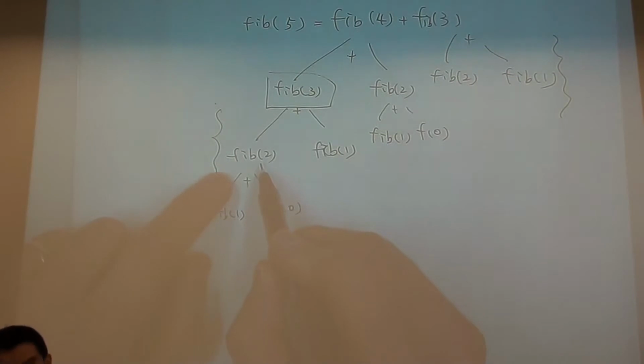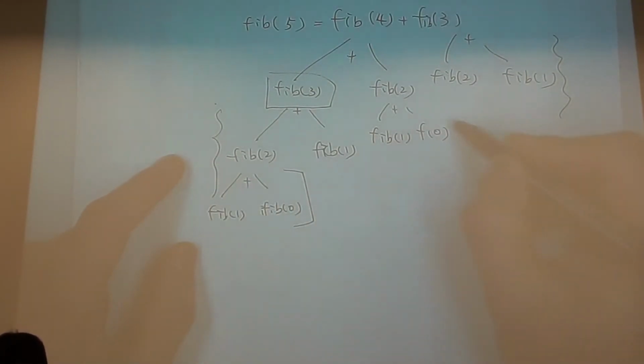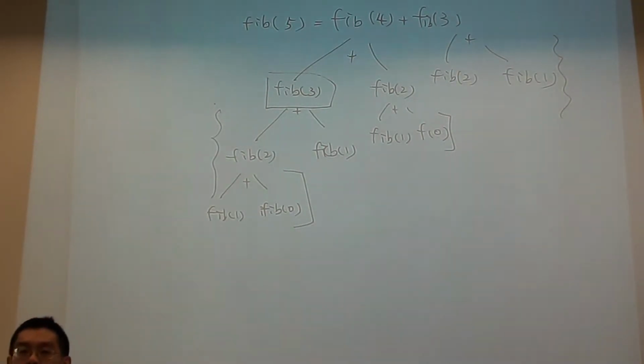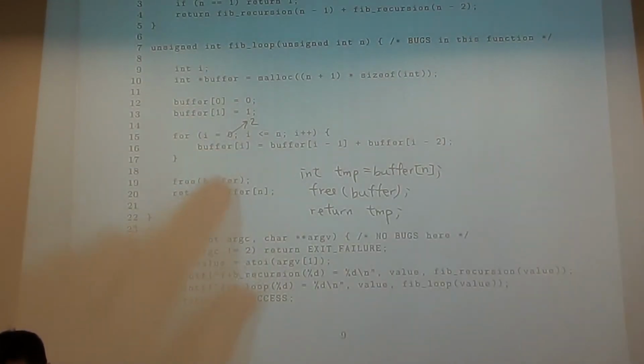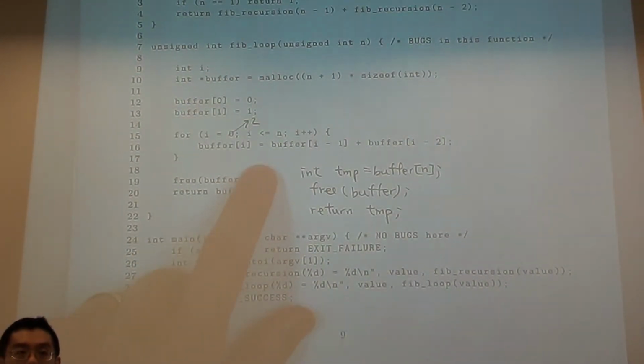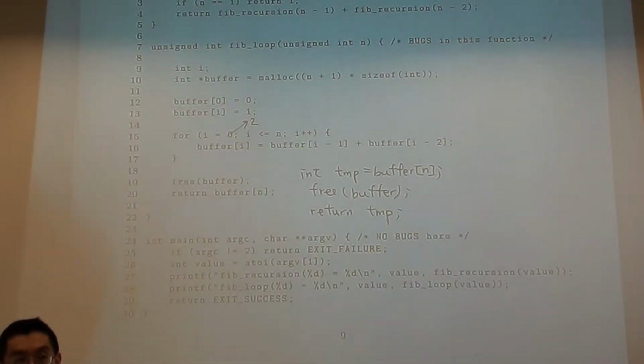So if you look at Fibonacci number 2, you also need to do work, right? You have to do work. So you are computing the same thing over and over again. In contrast, the second one, you compute once, you remember it. So that's why the second method is faster.